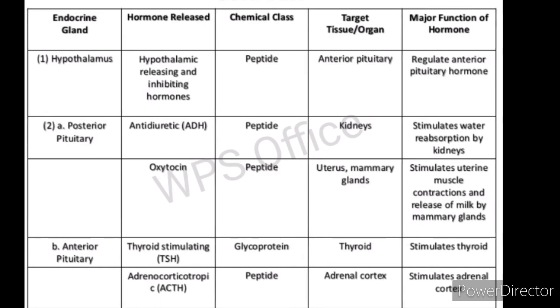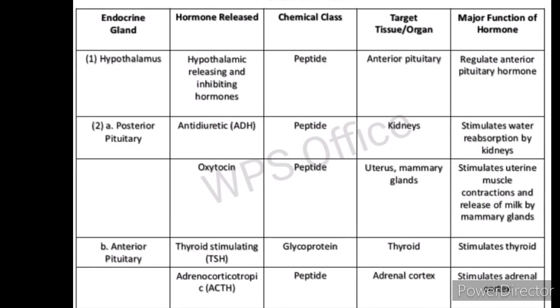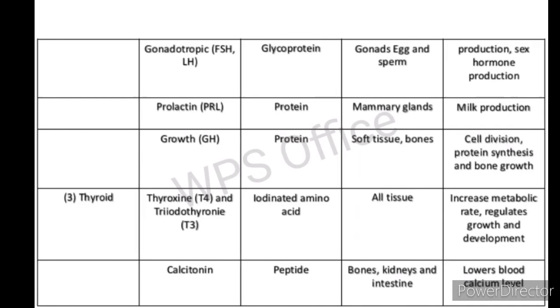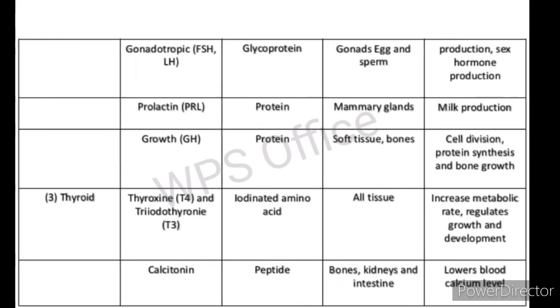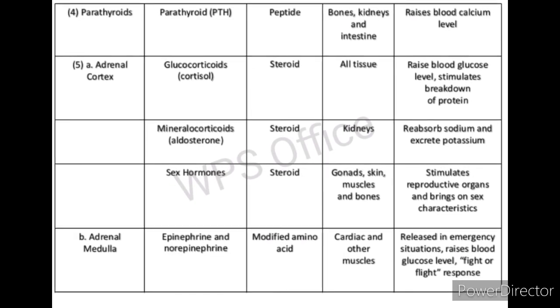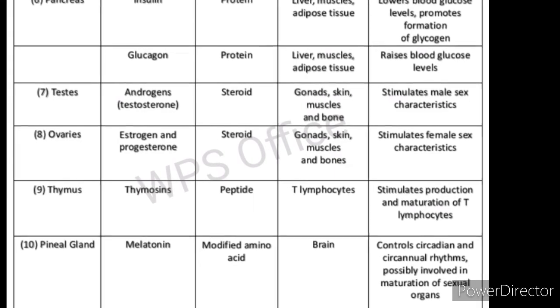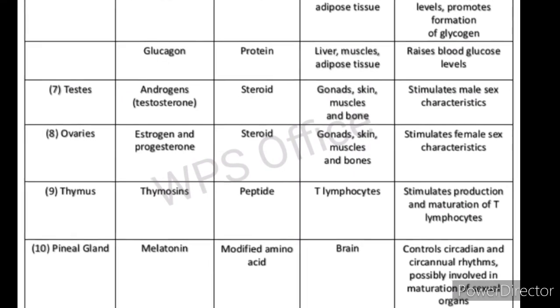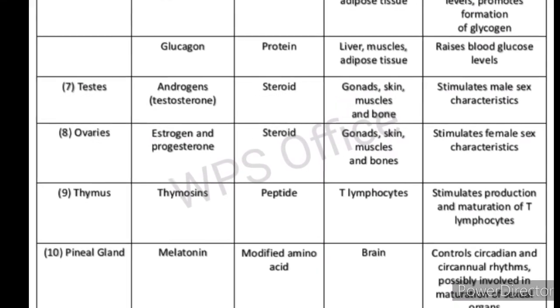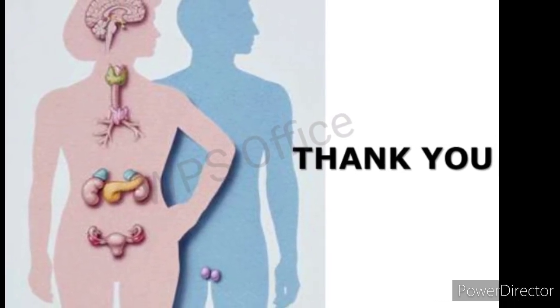So you can go through the summary, which covers the hormones under the posterior pituitary and the anterior pituitary, then the hormones released by the thyroid gland, parathyroid gland, adrenal cortex, adrenal medulla, pancreas, testes, ovaries, thymus, and pineal gland. So these are all under the endocrine system.